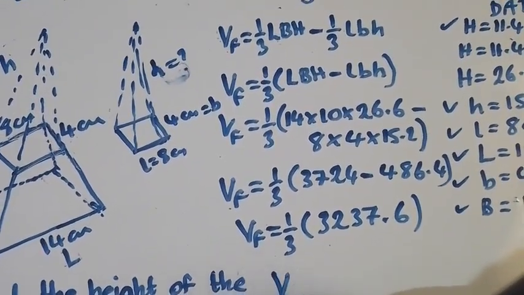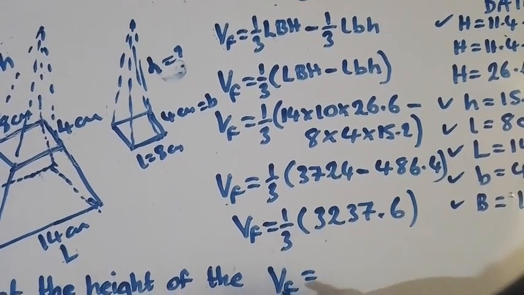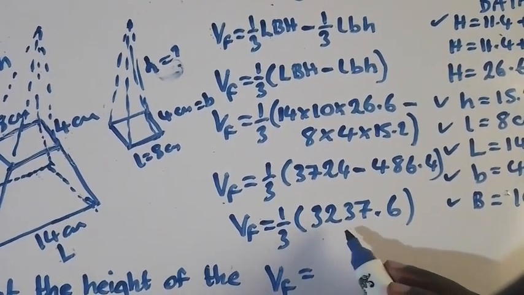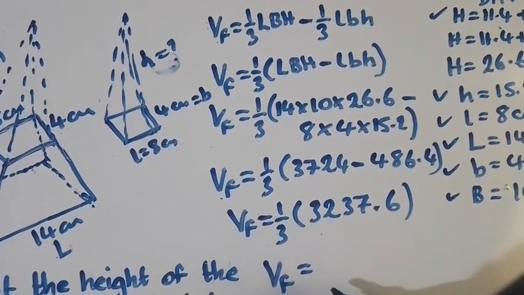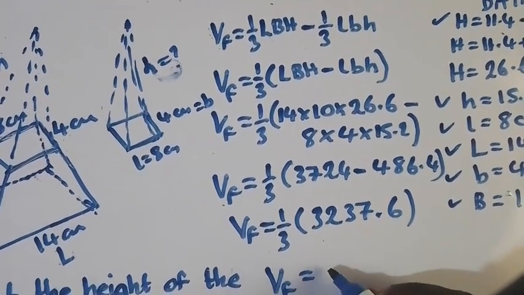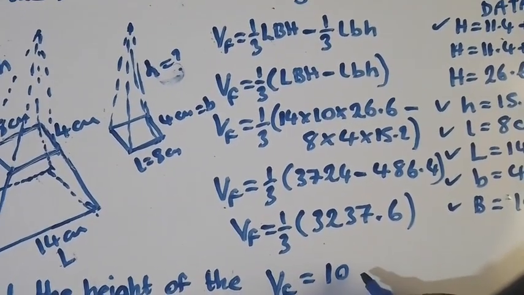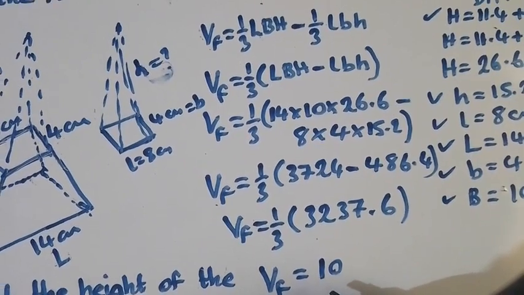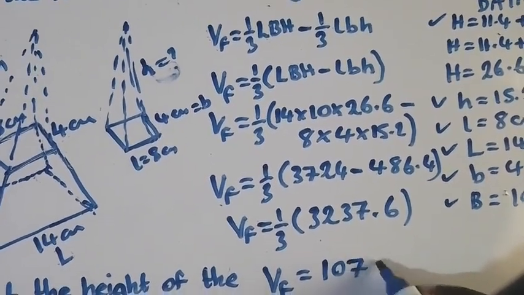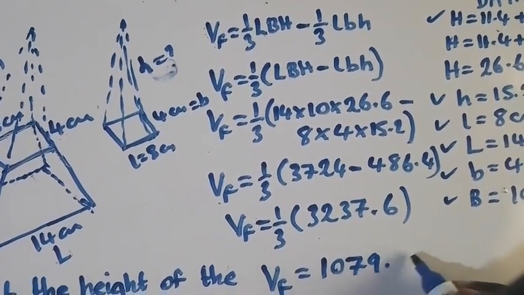At this stage, we need to divide by 3, 3,237.6, which will give us 1,079.2.